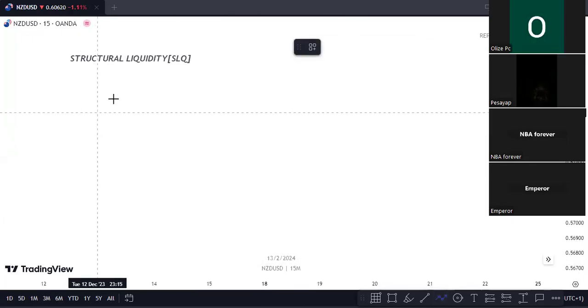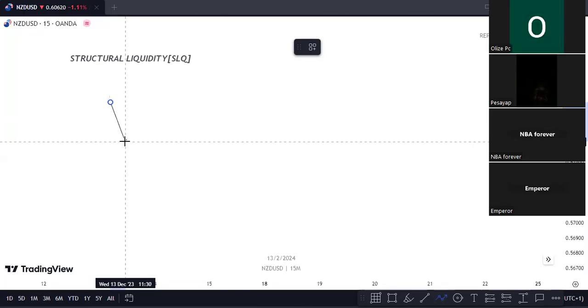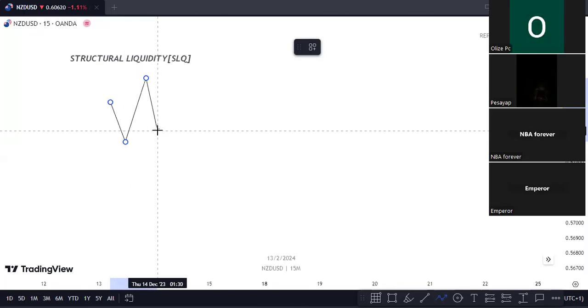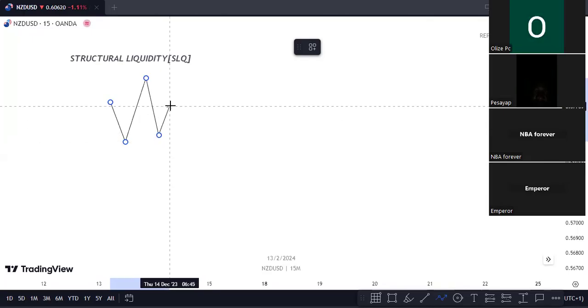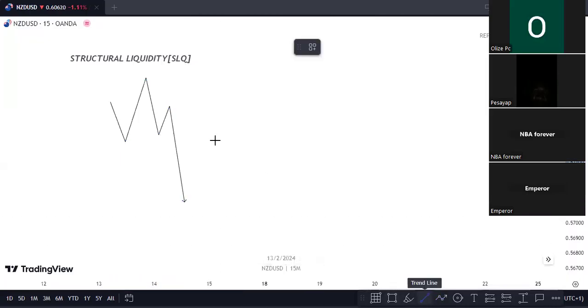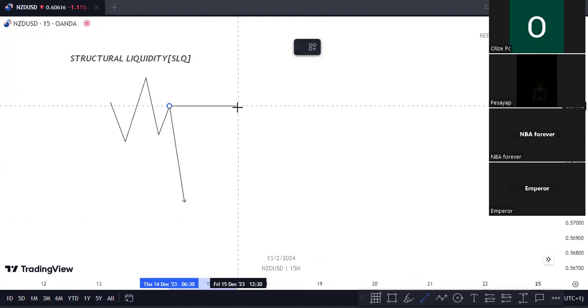So your structural liquidity in your trading range: your inducement or trap, which is meant to be taken out, is what is regarded as structural liquidity, or SLK.